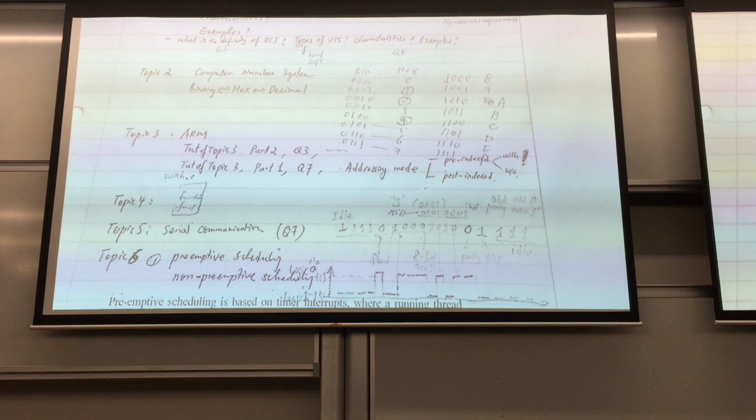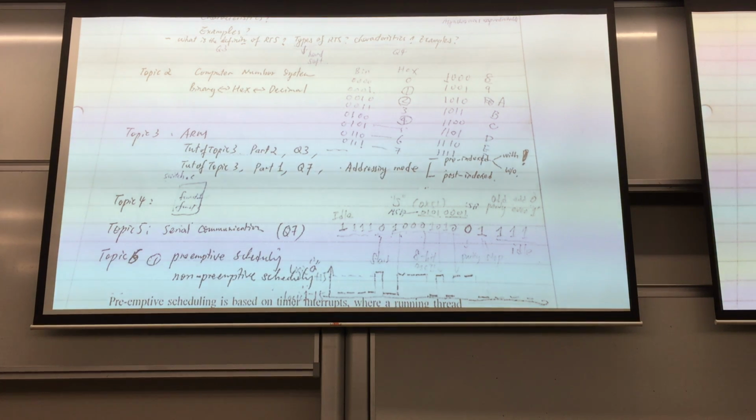For example, in lab 1, lab 2, you're using polling and interrupt driven for the I/O data transfer. So what are they and what are the advantages and disadvantages? Okay. So when do you need to use polling? When do you need to use interrupt?